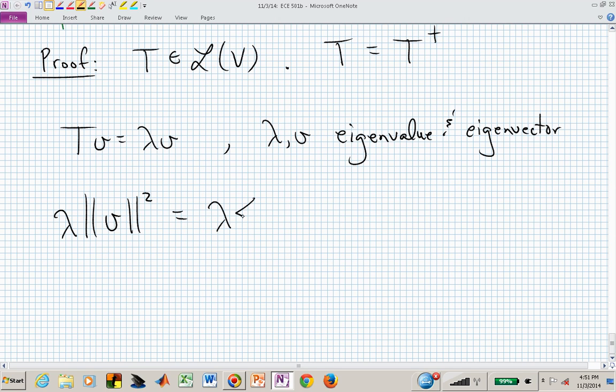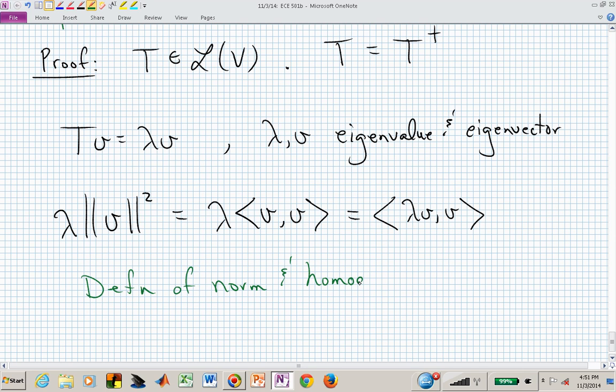This is now lambda times the bracket V comma V, close the angle bracket. But we can push that scalar into the first slot without much effort because of the homogeneity of the first slot. This is now angle bracket lambda V, inner product with V. What we've done is we've just used the definition of the norm and the homogeneity of the first slot of the inner product.